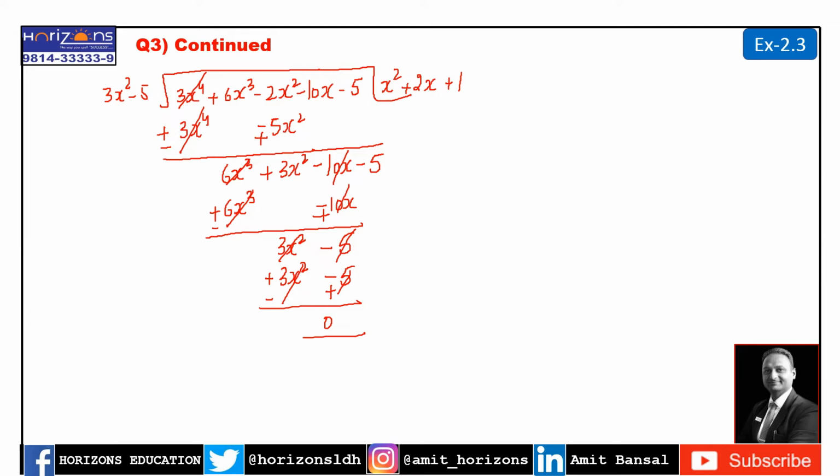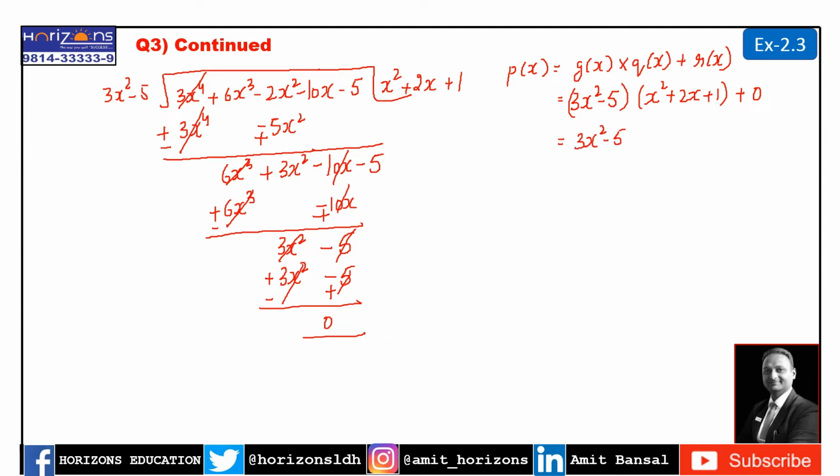Right, now to find other zeros, we will make use of the division algorithm, that p(x) is equal to g(x) into q(x) plus r(x). g(x) is 3x square minus 5. q(x) is x square plus 2x plus 1. And r(x) is 0.